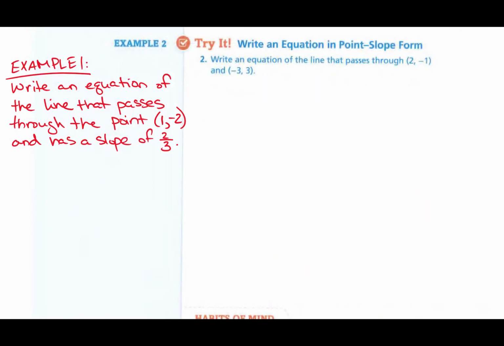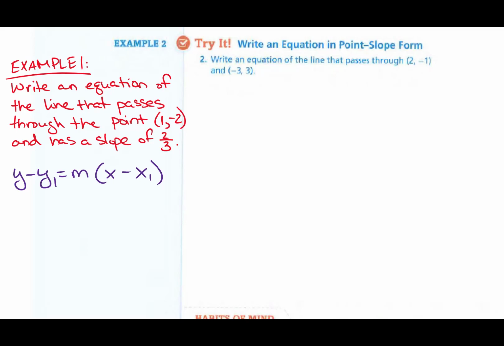So we're going to do a different example 1. Take a moment and copy this into the margin. We're going to write an equation of the line that passes through the point 1, negative 2, and has a slope of 2/3. To write this equation, we're going to use our new point slope form. So that equation is y minus y1 is equal to m times x minus x1.